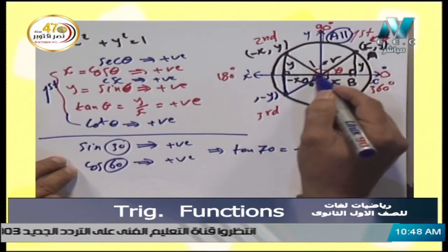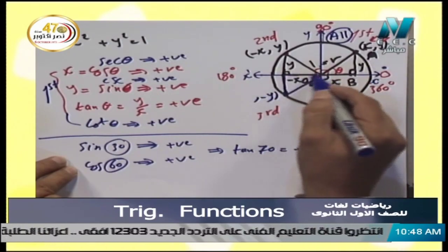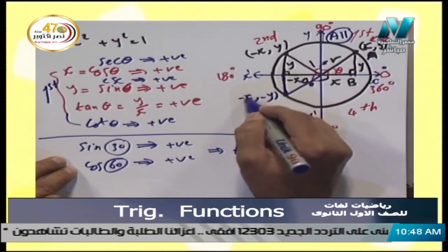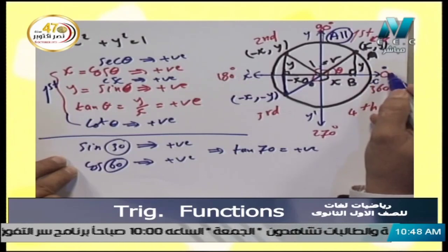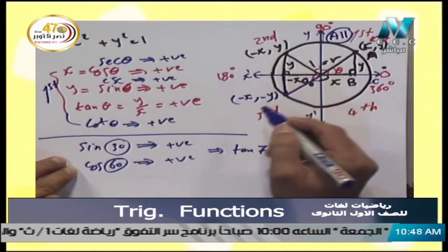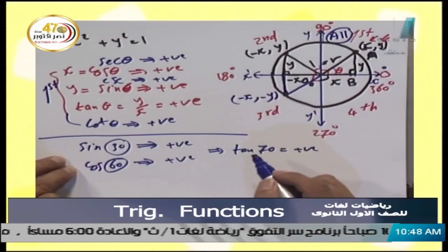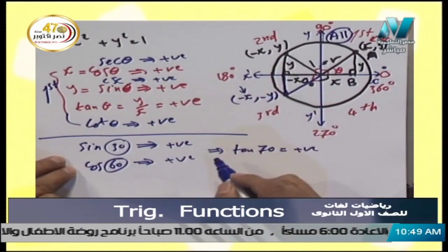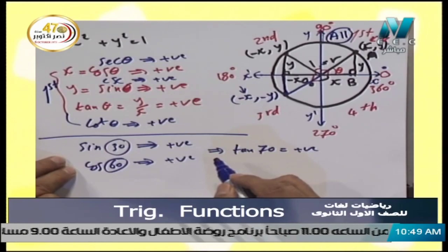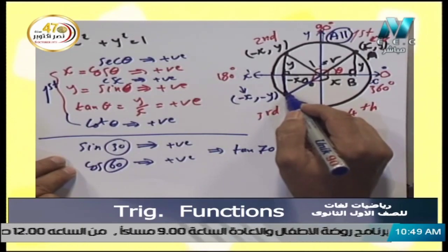And x here is negative also because it's on the left side. We know that OX is positive and OX dash is negative, so it's negative and negative. So we can say that cosine for an angle in the third quadrant is negative.